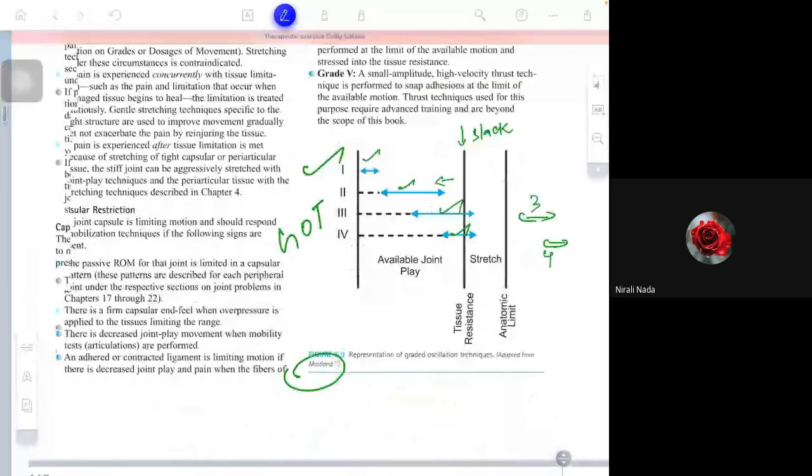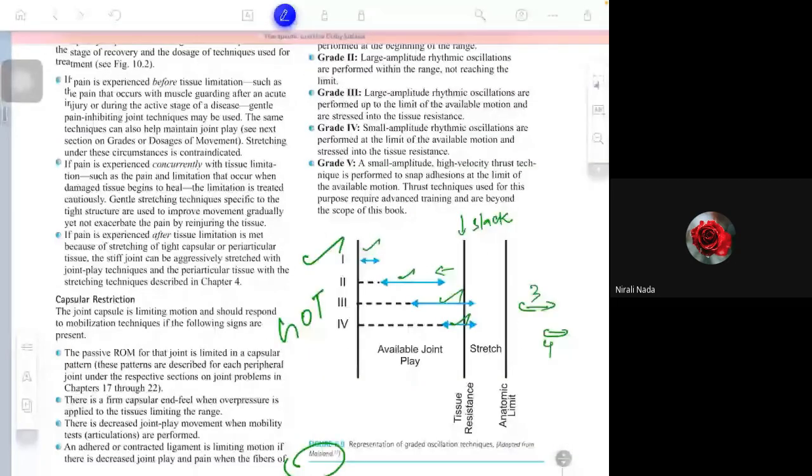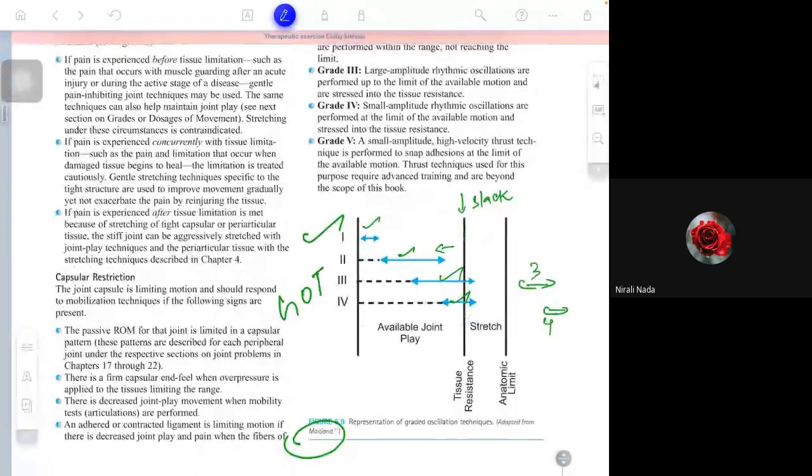You have to study the graded oscillating technique separately. You have to study the sustained joint play technique separately, and you have to study the effects and uses of the first technique, the effects and uses of the second technique, and at last you have to compare the uses of the graded oscillating technique and the sustained joint play technique. You have to compare it.